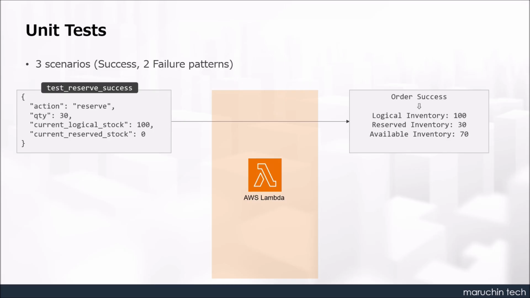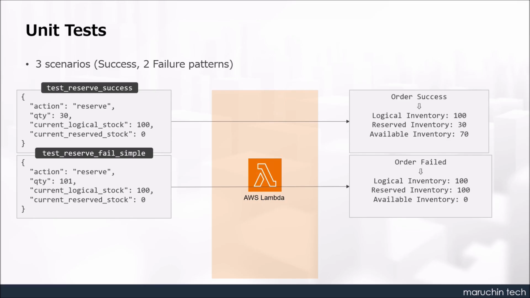Next, in the first allocation failure case, the available inventory is 100, logical 100, reserved 0. We receive an order for 101. Since the order quantity exceeds the available inventory, an error is returned along with an order rejected message.